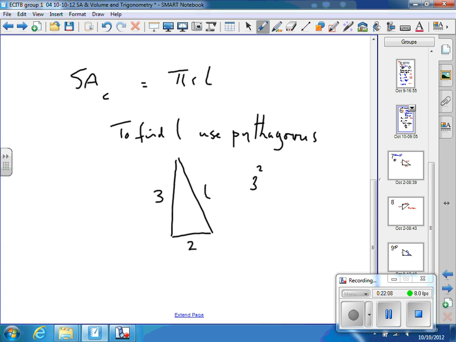Equals L squared. Yeah, that's Pythagoras, exactly. So we work out what that is. 3 squared is 9, 2 squared is 4, 9 plus 4 is 13. So what do I do to get L? Square root. Not square root it, not half it. Square root of 13, whatever that is. That will give me L, and that's the L that goes into that formula to find the surface area of the cone. And then I'd add them together.